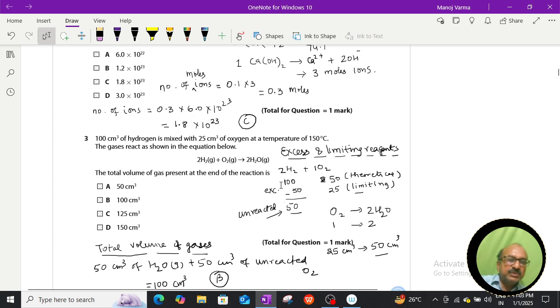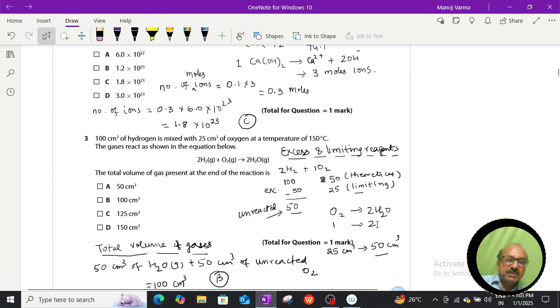Now further you have to see that the volume of water will be in the ratio of 1:2. So if the volume of oxygen is 25 centimeter cube, the volume of water will obviously be double of that, that is 50 centimeter cube.